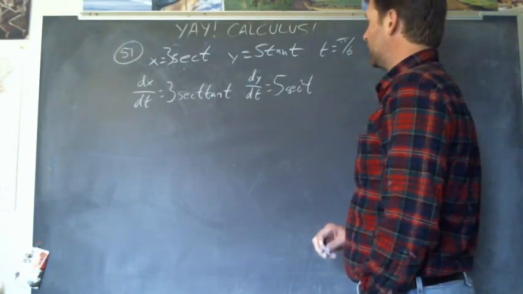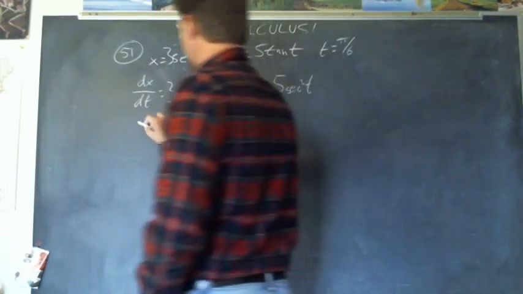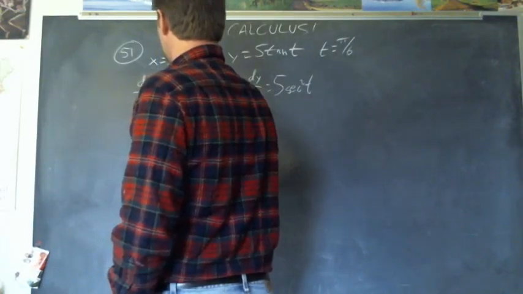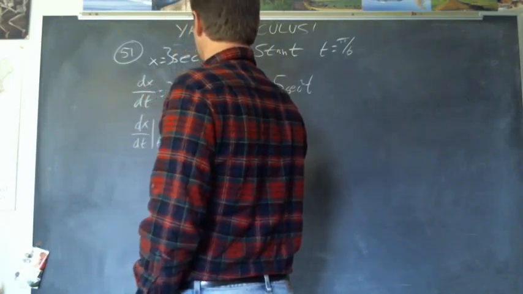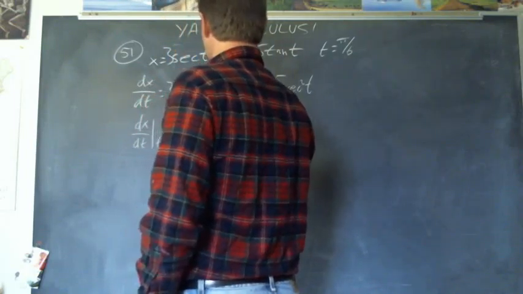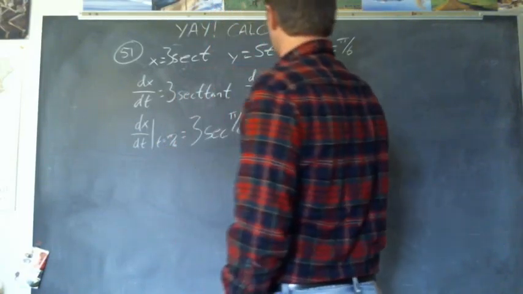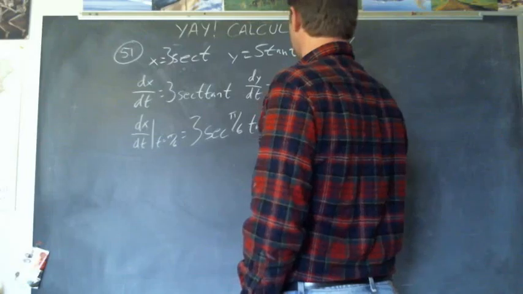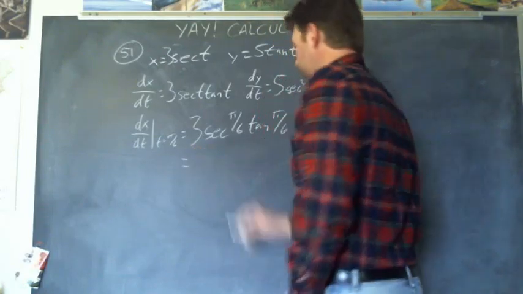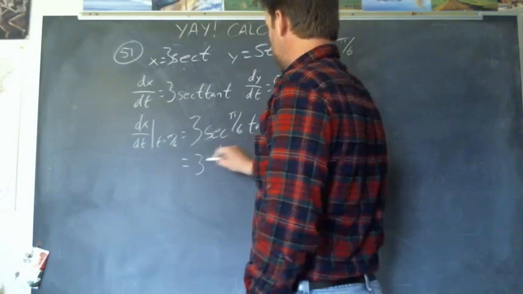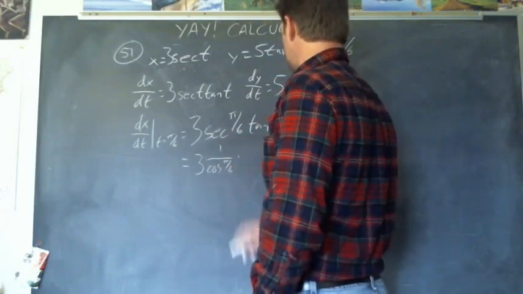And let's evaluate these at pi over 6. So 3 times the secant of pi over 6 times tangent of pi over 6. And that's going to be 3 times 1 over the cosine of pi over 6 times the tangent of pi over 6.